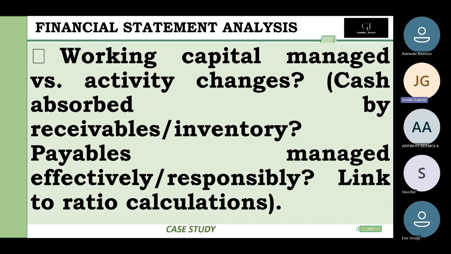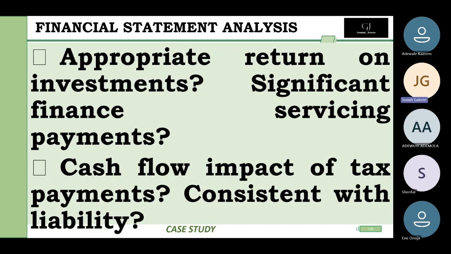Look at payables managed effectively and responsively, linked to all the ratio calculations. So the cash generated from operating activities is very important. You also look at appropriate return from investment and significant finance servicing payments. So the cash flow impact of tax payments also, is it consistent with the liability?